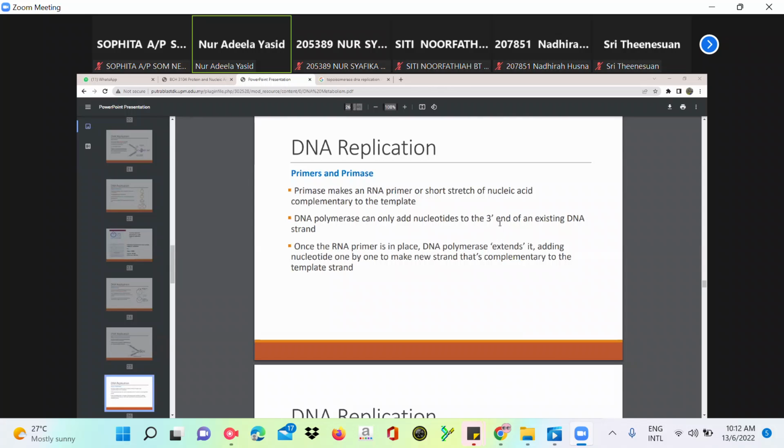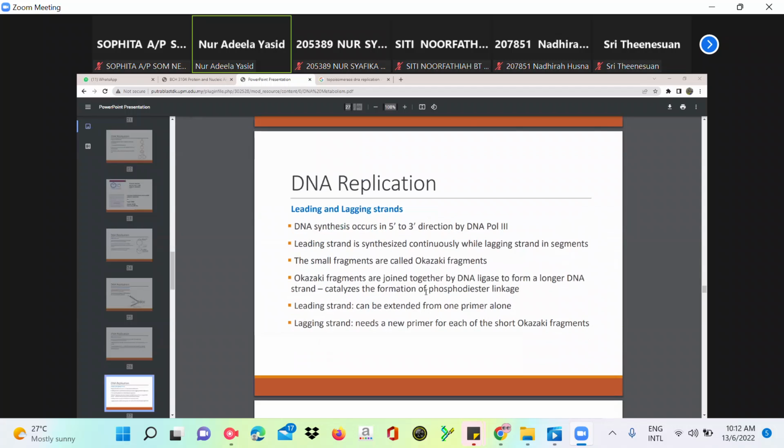Primase is the enzyme that makes the RNA primer, a short stretch of nucleic acid complementary to the template. Once we have this primer, DNA polymerase can only add nucleotides to the 3' end of an existing DNA strand.